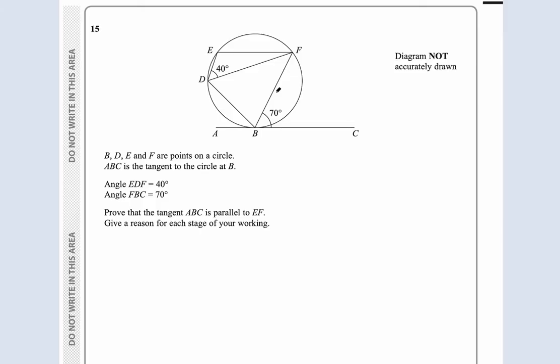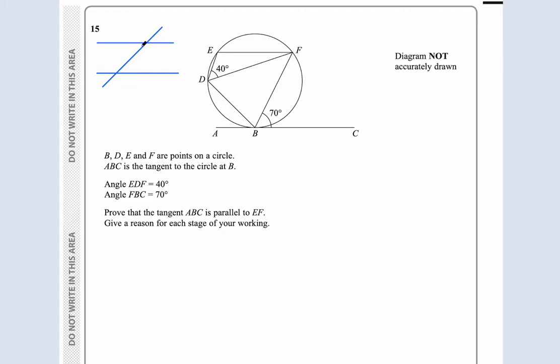How can we tell if it's parallel? Well, let's think of angles in parallel lines. So when we have two parallel lines, if we recall our angles in parallel lines, we had a few things going on.